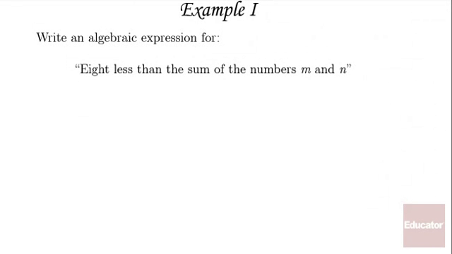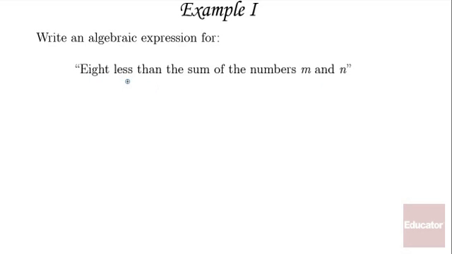In this first example, we're going to take a sentence and write an algebraic expression for it. It's a similar idea to writing an expression for a problem using arithmetic, where no variables are involved. You take a similar approach. The first thing I'm going to do is look at what operation or operations are being performed. I see that it says 8 less than the sum of the numbers m and n.